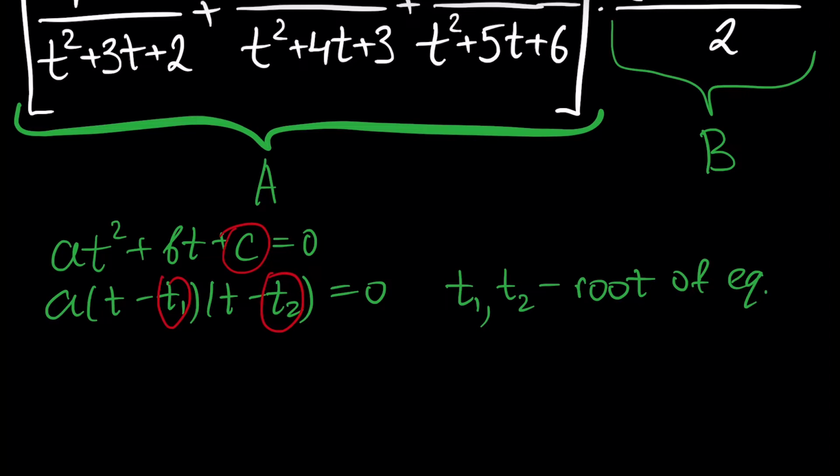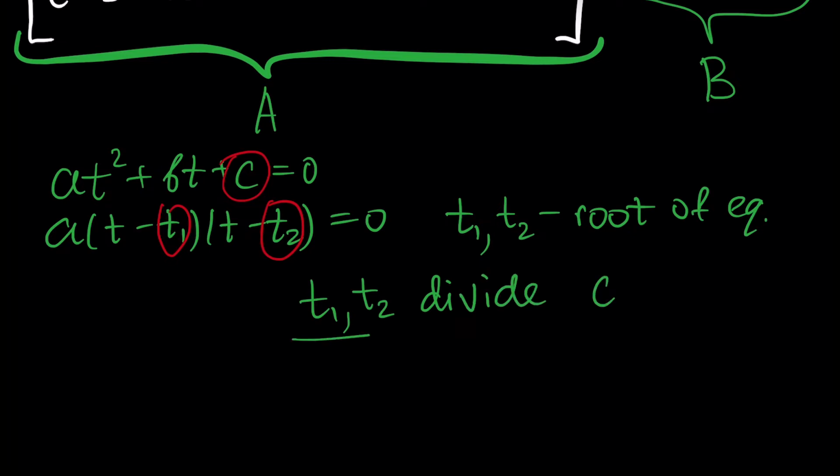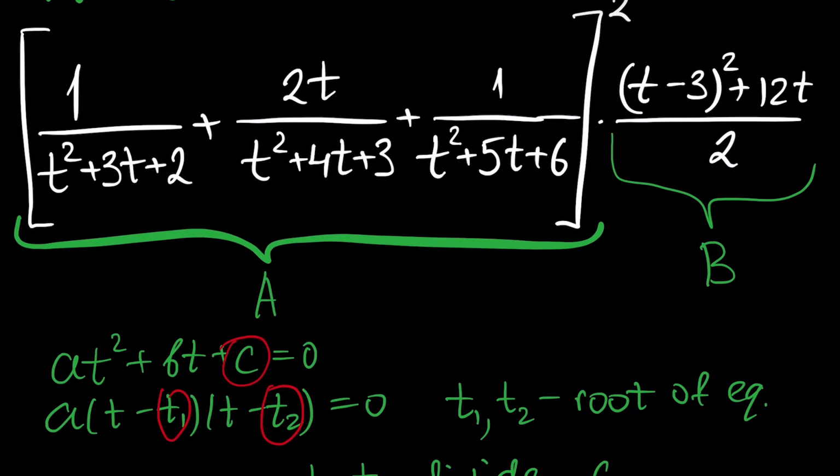So t1 and t2 divide c. Using this result, we can represent our first denominator as t plus 1, because the number minus 1, if we insert it in this equation, will give us 0.